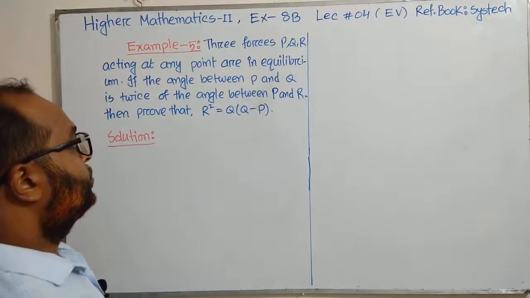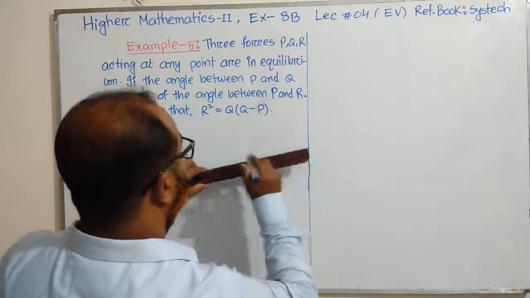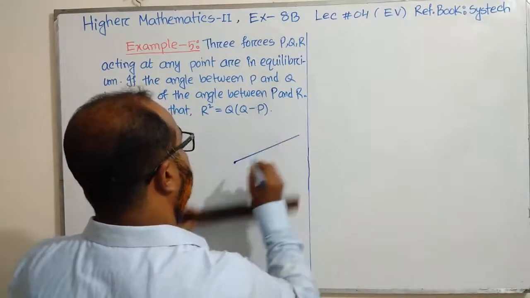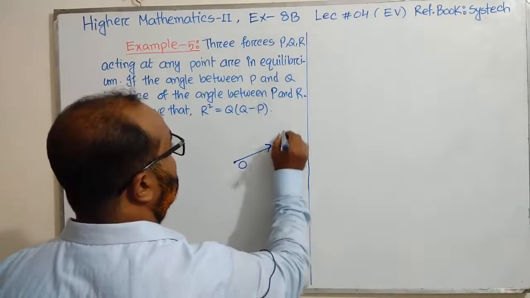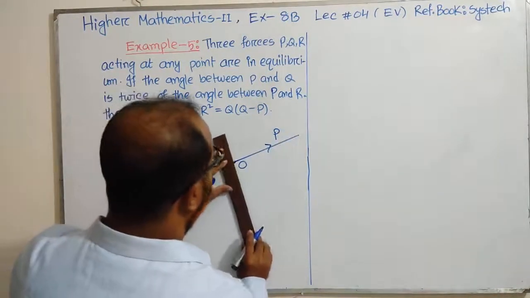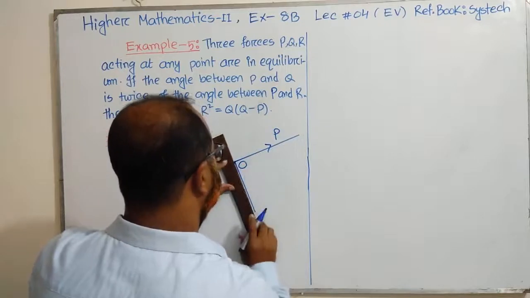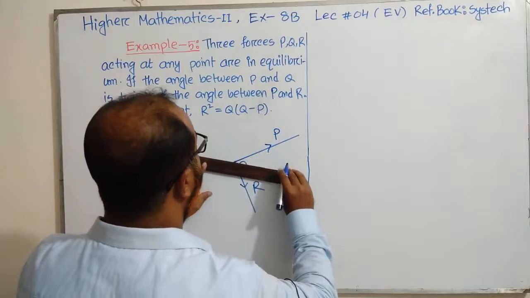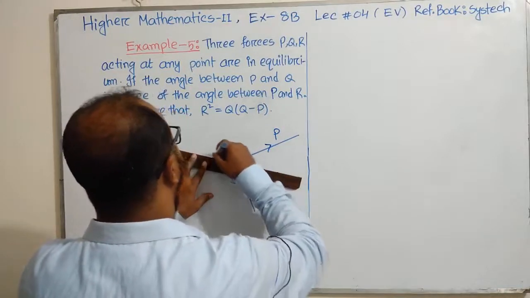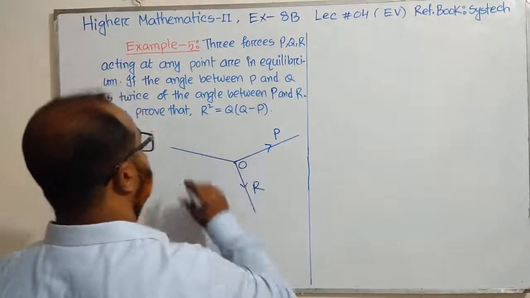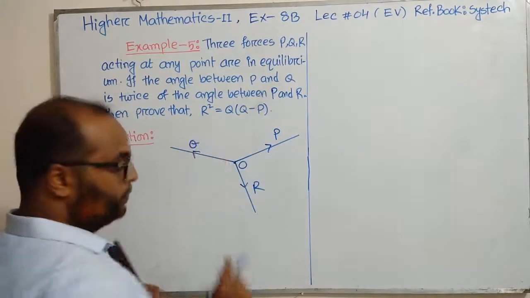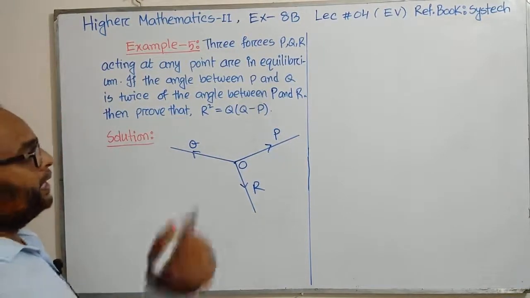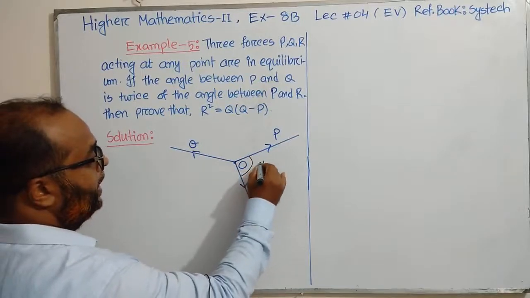So from this question we can draw this figure. Here this is O and this is force P, and consider this is R, and the force Q acts along this way. So let us consider the angle between P and R is alpha.